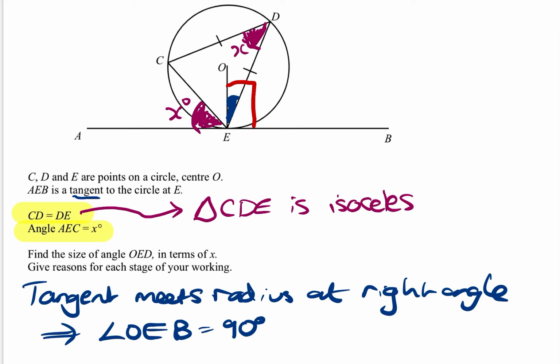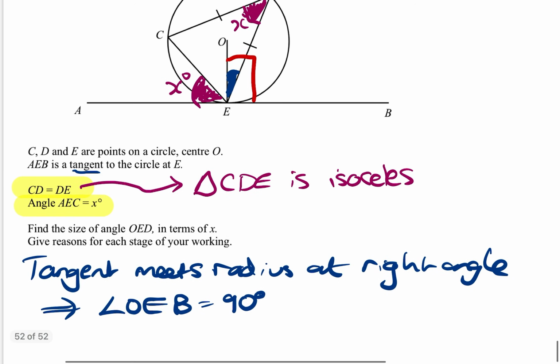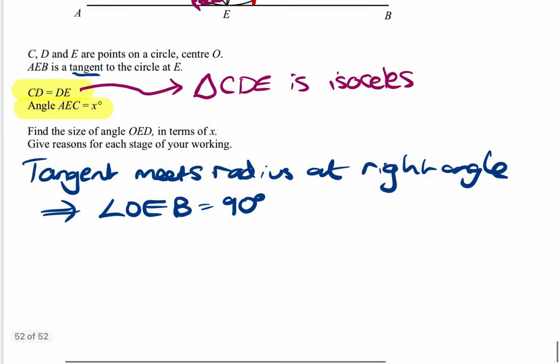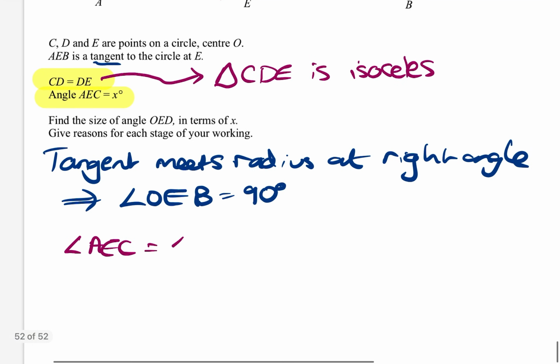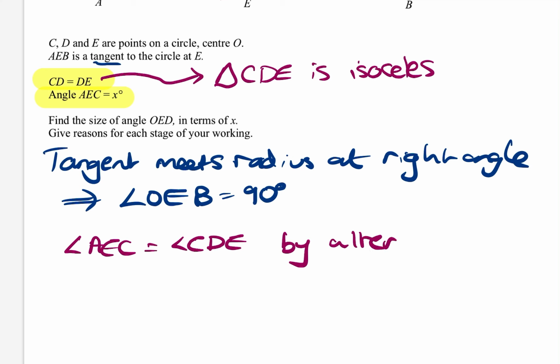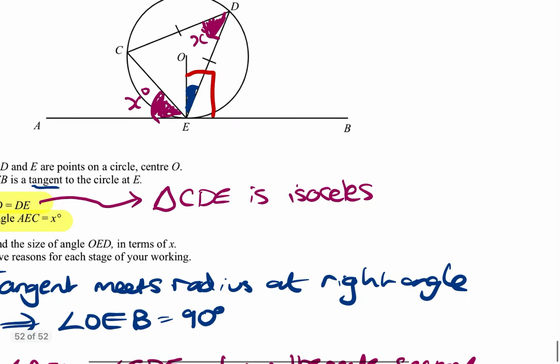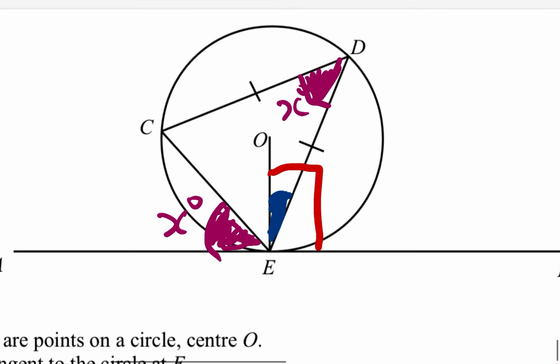I have proved all the circle theorems on my channel before, so feel free to go back and find that. So the reasoning: angle AEC is equal to angle CDE by the alternate segment theorem.